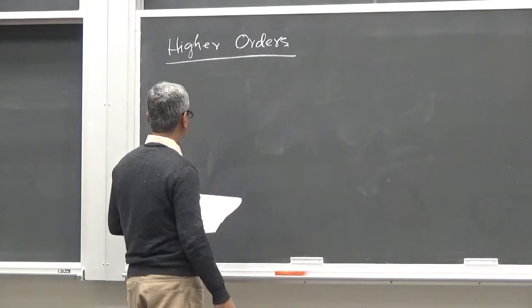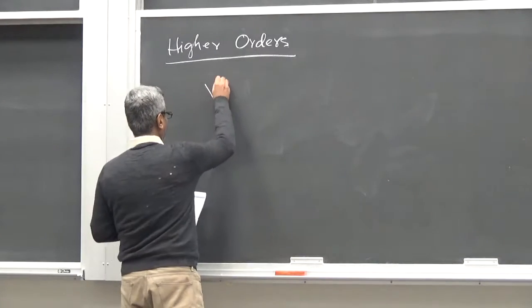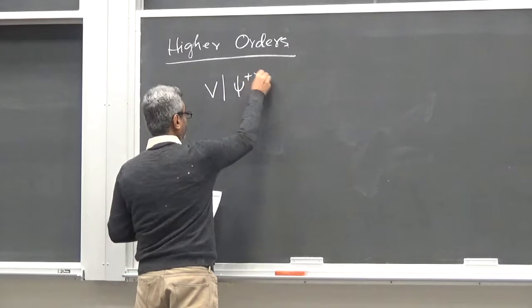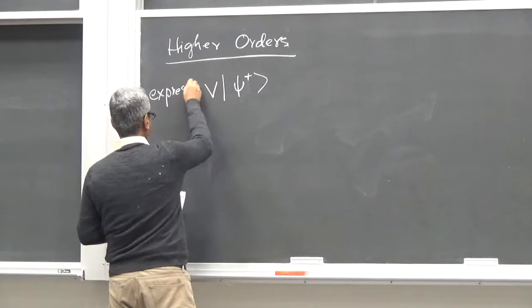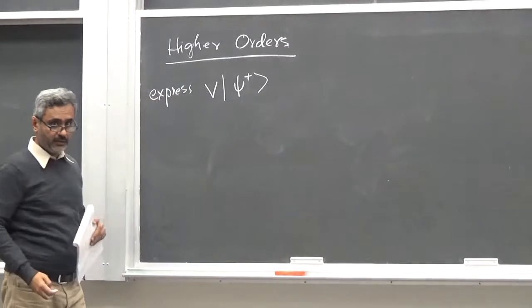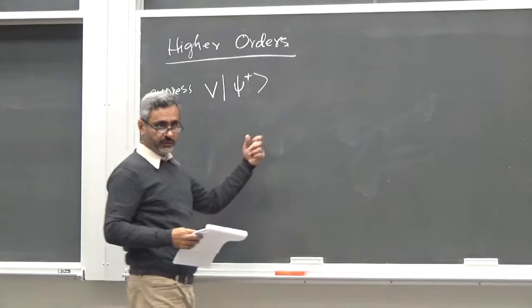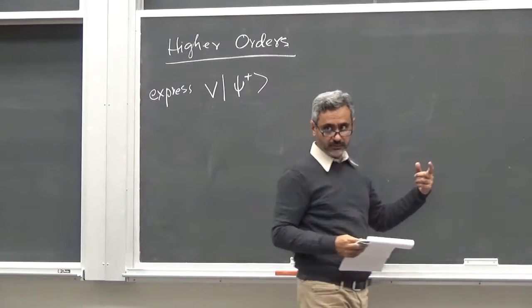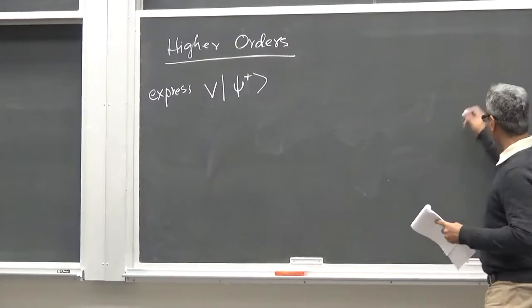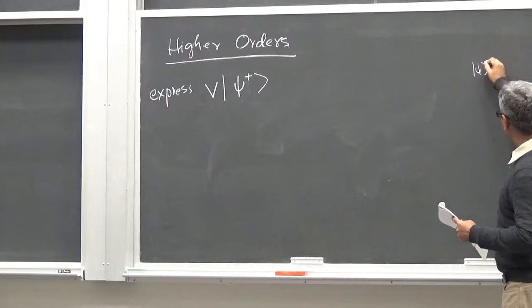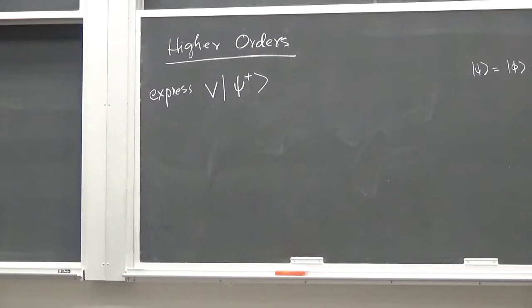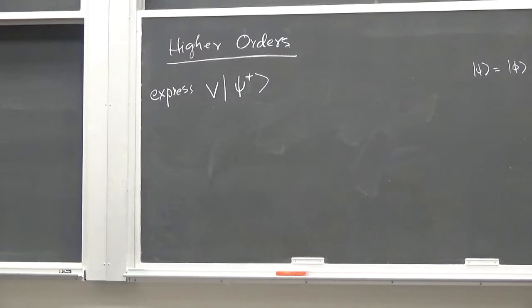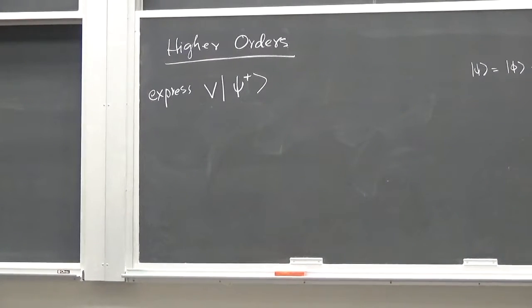So basically, what do we have to do? We need to express V, this term, right? You guys remember? Do I need to remind you what I'm talking about? So psi plus was phi plus some term which had V in it and psi plus, right?